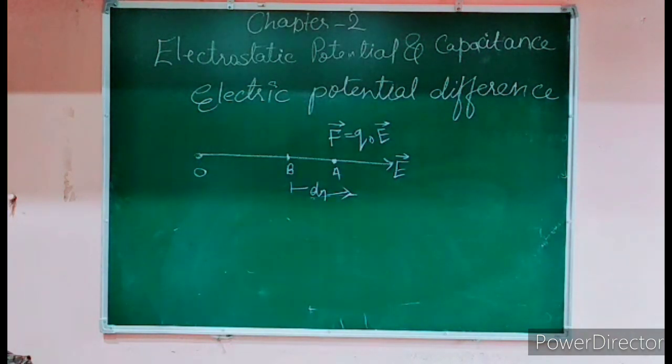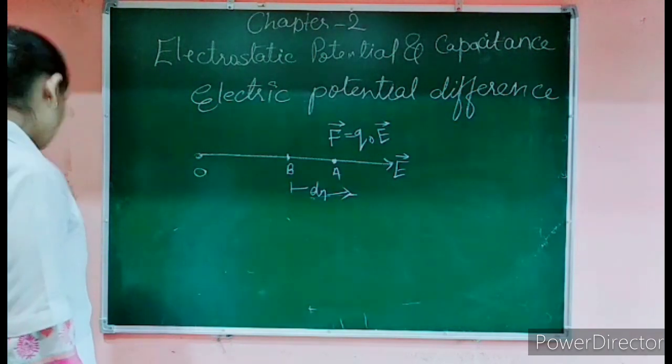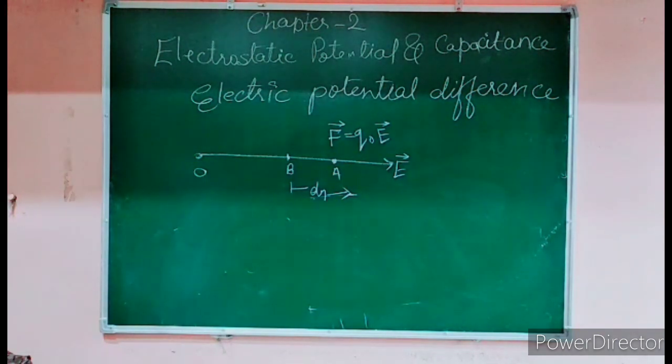The potential difference between 2 points in an electric field is equal to the work done in moving a test charge from one point to the other, per unit value of the test charge.